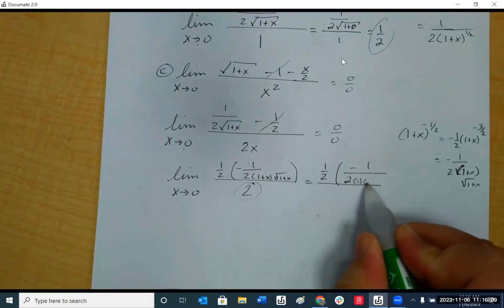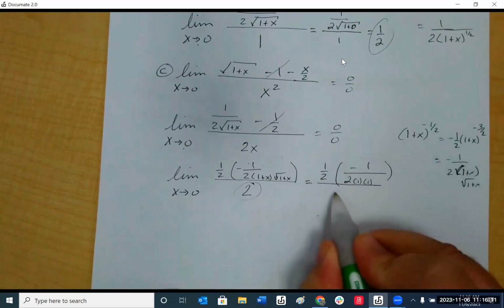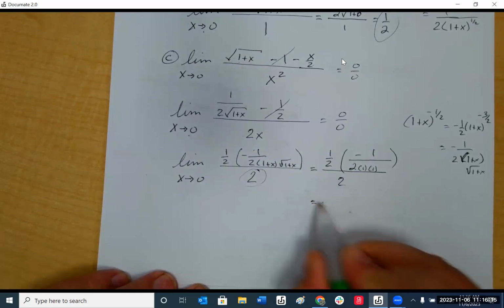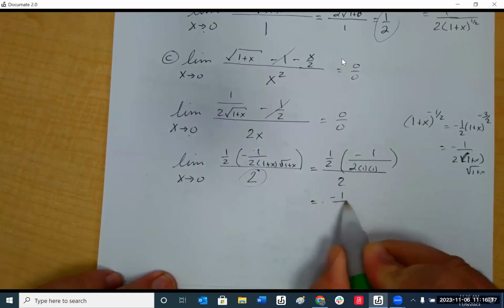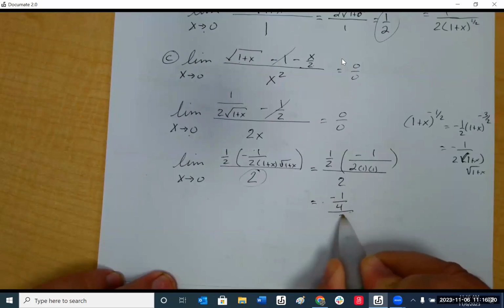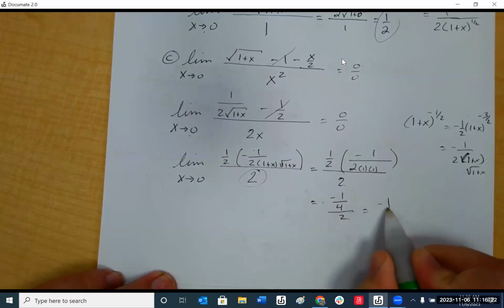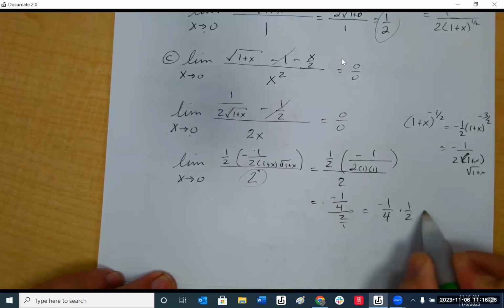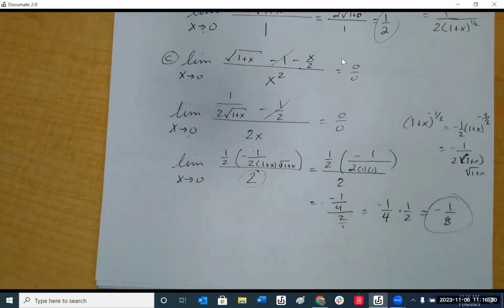Square root of 1 plus 0 is also 1. So on top, it's negative 1/4 over 2. The answer is negative 1/8.